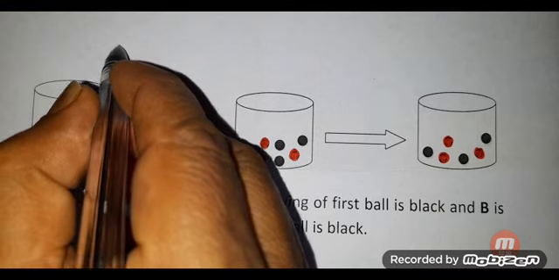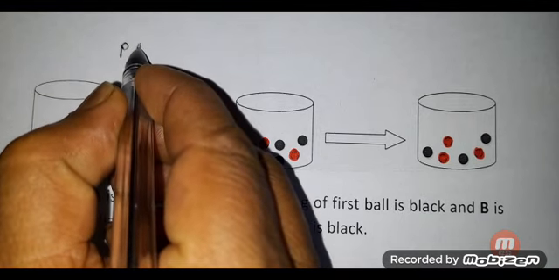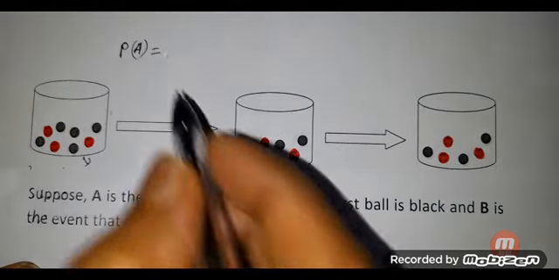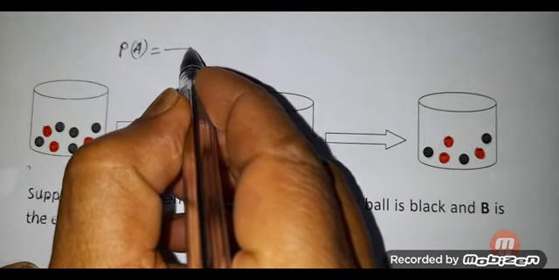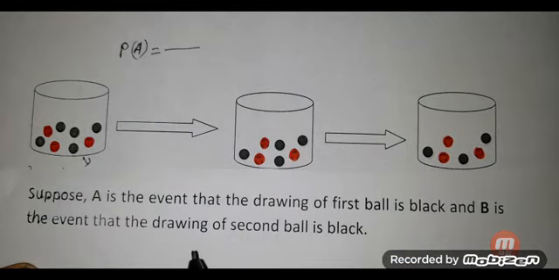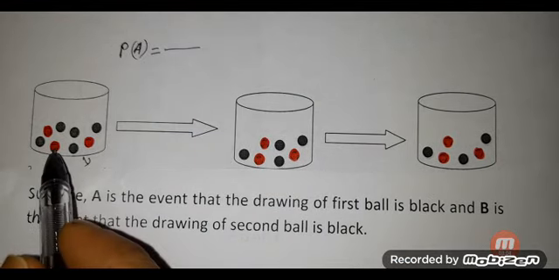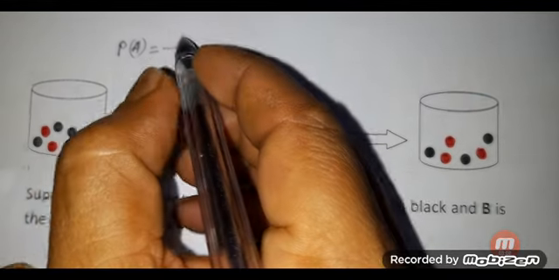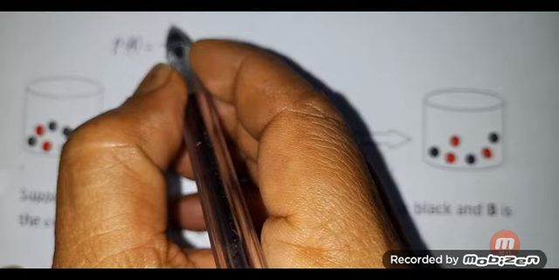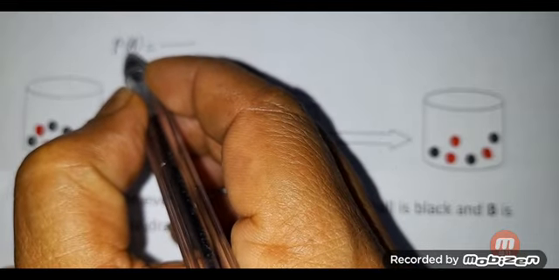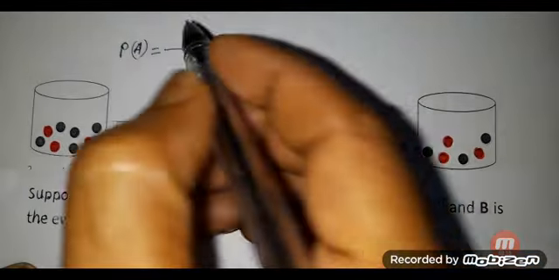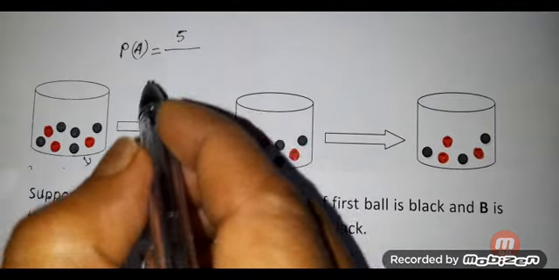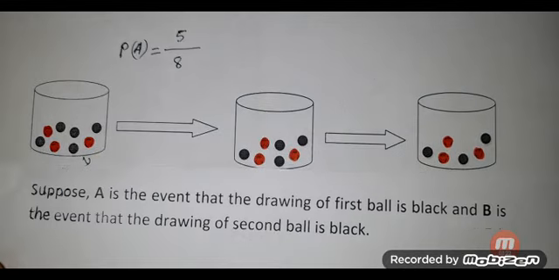Therefore, probability of A is equal to, so that is the probability of drawing a black ball from this box where we have 5 black balls. So probability of drawing a black ball is 5 divided by total number of balls, that is 8 balls.